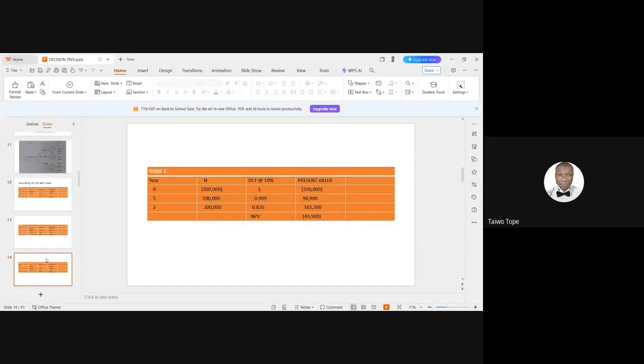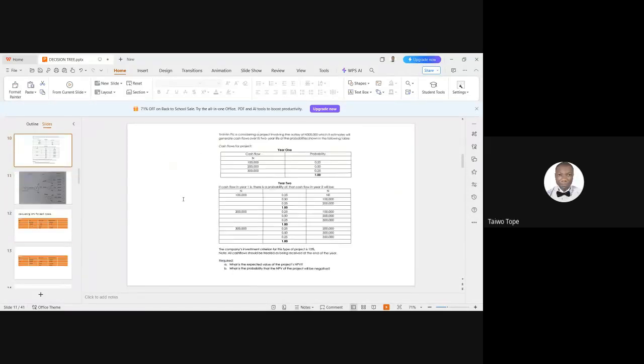Node C: 0.25 for year 1 and 0.25 for year 2. And for D: 0.5 for year 1 and 0.25 for year 2.